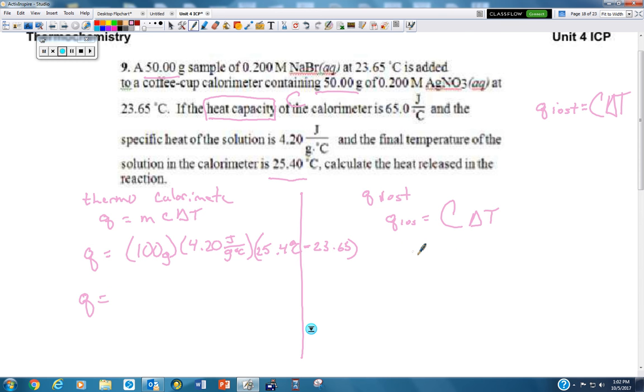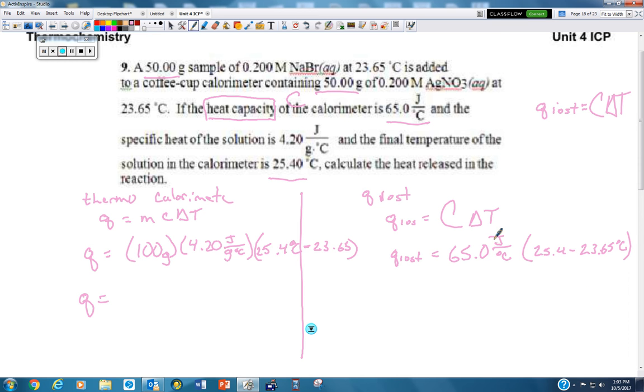So Q lost is equal to, our capital C is 65 joules per degree Celsius times delta T, which again is the same delta T, so we have 25.4 minus 23.65 degrees Celsius.